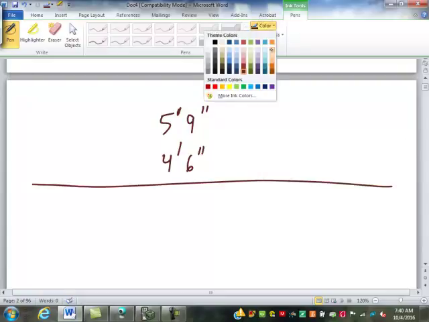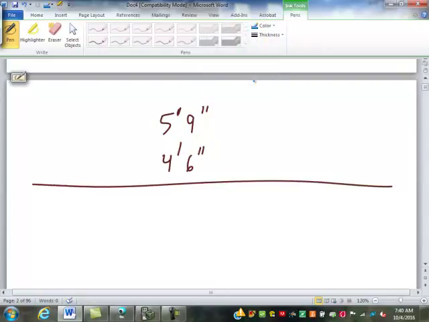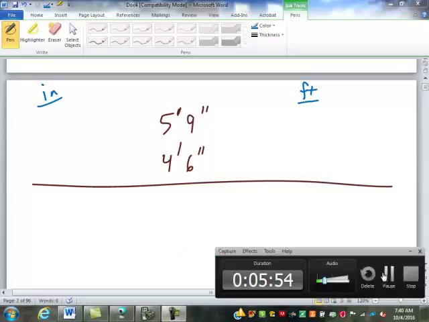And we said that when we multiplied two measurements, we didn't use dual units. We had to get them all into the same unit. So we either change them all into inches or all into feet. I'm going to have you guys do that in your notes right now. Convert them all into inches and multiply it out, then convert them all into feet and multiply it out. See if you guys remember.